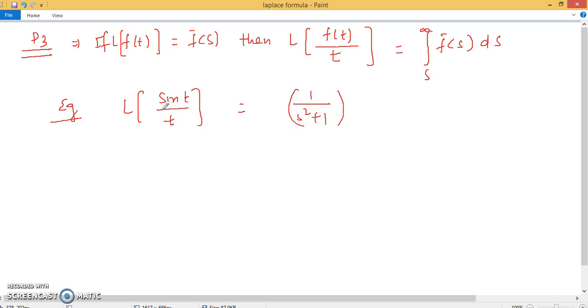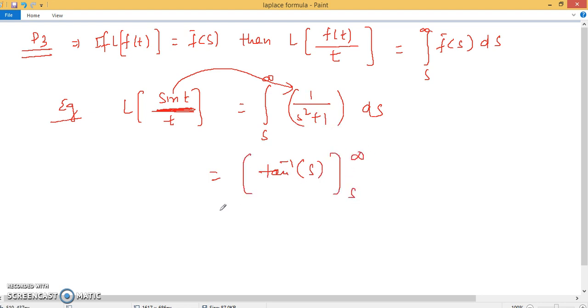So when you are finding the Laplace of sine of t divided by t, you integrate this Laplace, 1 by s square plus 1, from s to infinity with respect to s. The integration of 1 by s square plus 1 is tan inverse of s, and you put the values from s to infinity, upper minus lower: tan inverse of infinity minus tan inverse of s. Tan inverse of infinity is pi by 2, minus tan inverse of s.